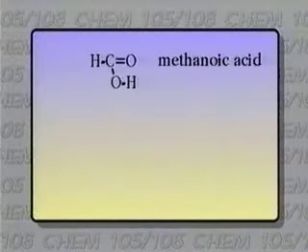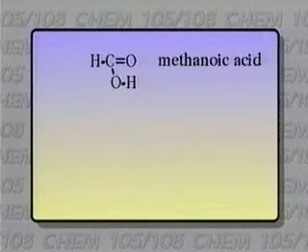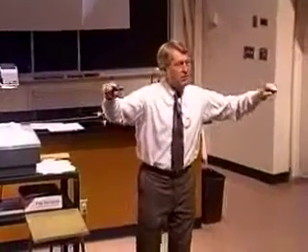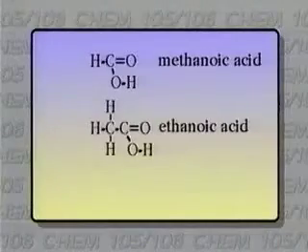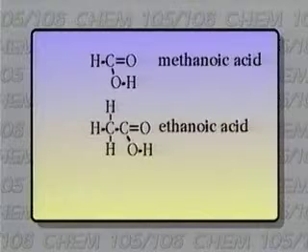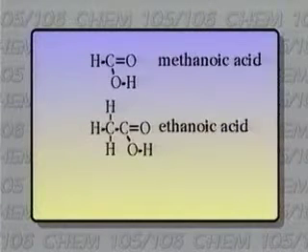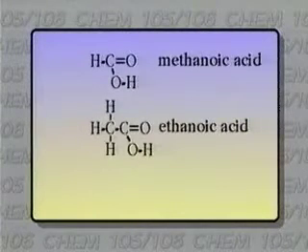So if we had something that had 10 carbons, what's the prefix for 10 as a hydrocarbon? Deca, so decane. If we made it as an acid, it would be called decanoic acid. So that's the naming system that is used. The next one, ethane, two carbons, is known as ethanoic acid by its official name.